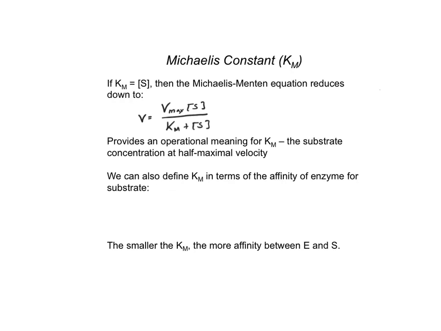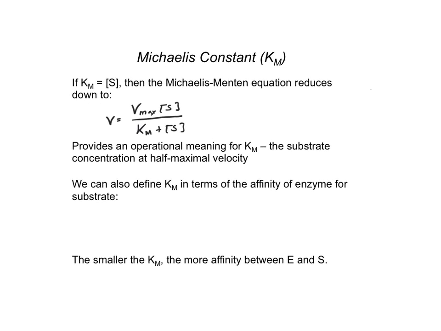If we want some sort of nice, easy working definition, okay, if we go back to our little Michaelis-Menten equation, and we are at a substrate concentration that is equal to Km, this Michaelis constant, we can go ahead and plug that in. So we get V is equal to Vmax times substrate. And again, we're assuming this situation where Km is equal to substrate concentration. So that would mean substrate plus substrate.